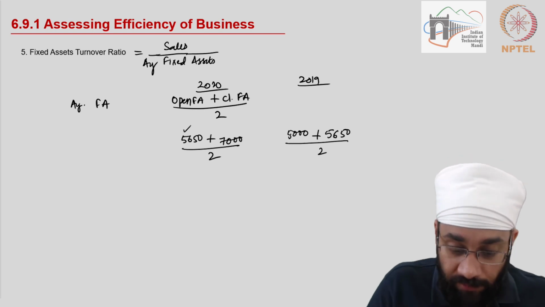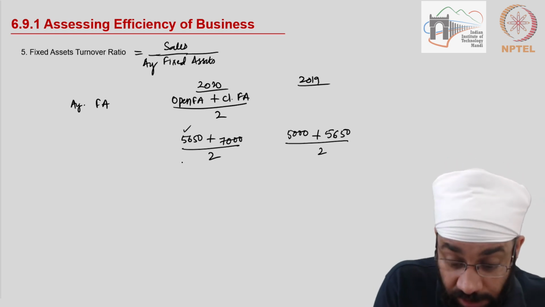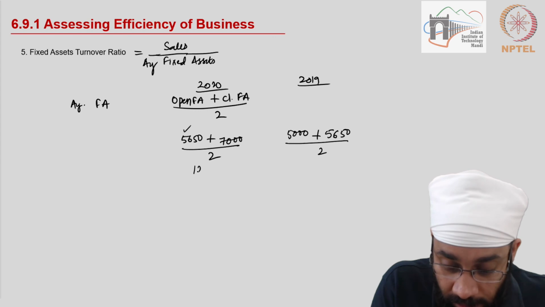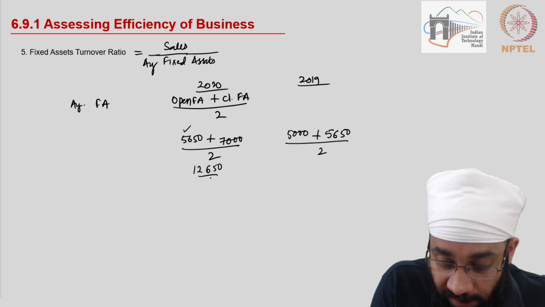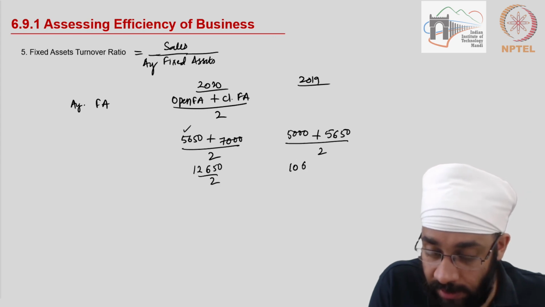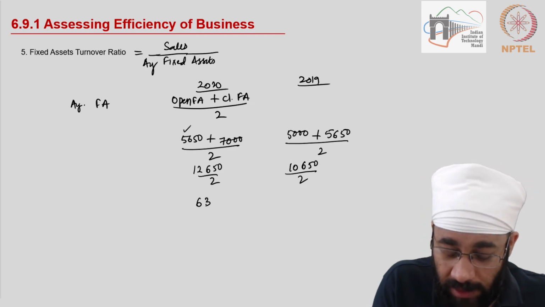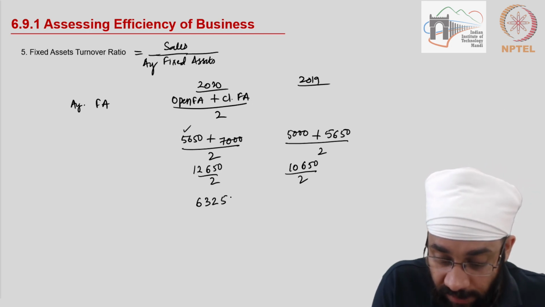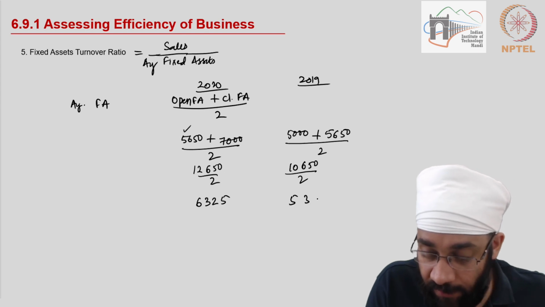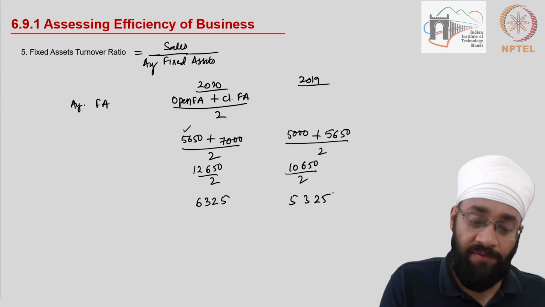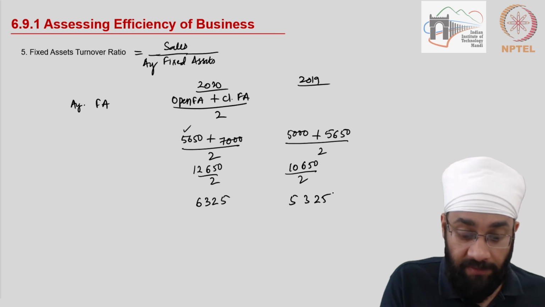All you have to do now is figure out the average here. This comes out to be 12,650 divided by 2, and this is 10,650 divided by 2. So this comes out to be 6325, and this comes out to be 5325. You have the average fixed asset level.